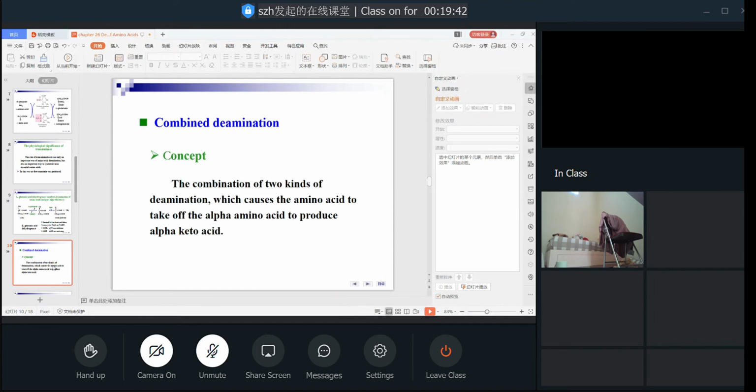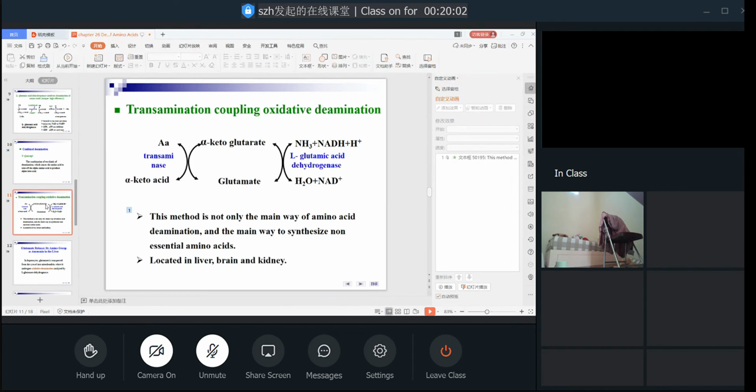The combination of the two kinds of deamination causes the amino acid to lose its amino group and produce the alpha ketoacid. This is the combined deamination. Combining the two kinds of enzymes makes the amino acid deaminate.